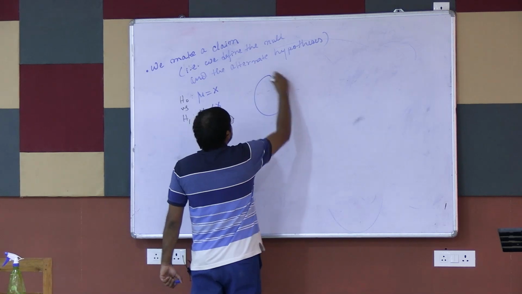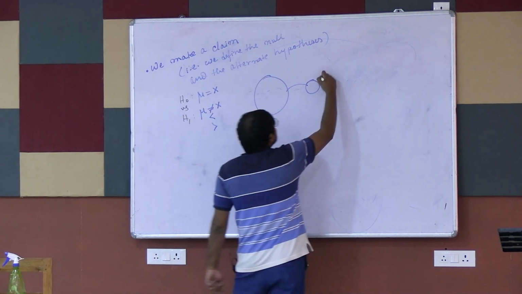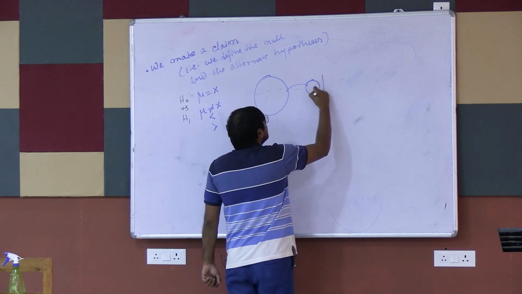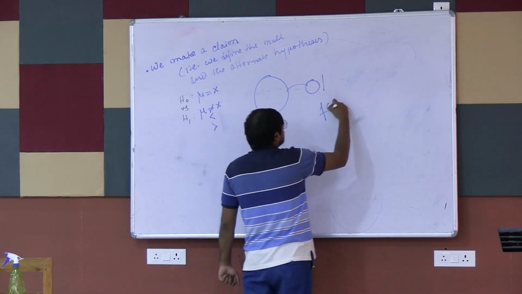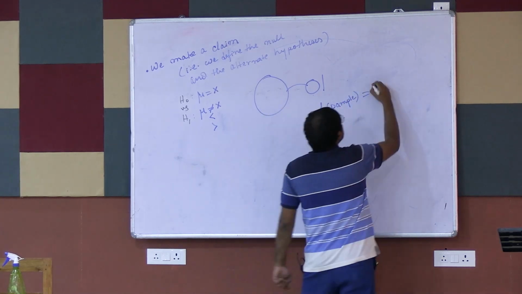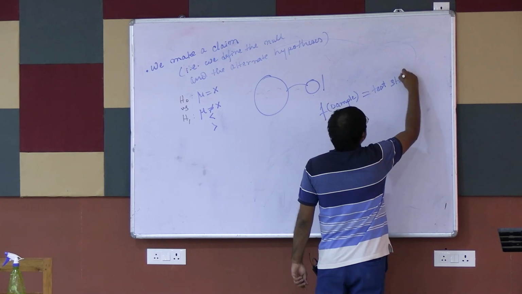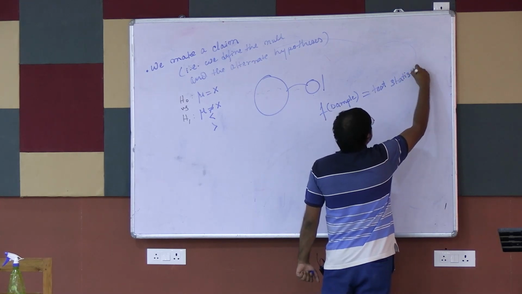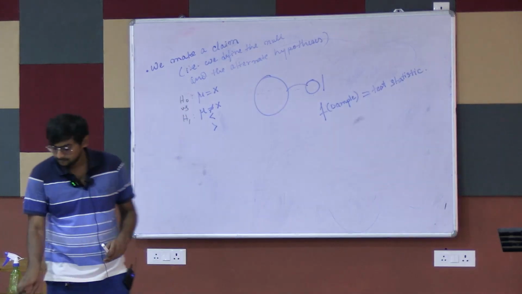Now how do we make the conclusion about the claim? We make a function out of the sample values, and we call this the test statistic. Understood?